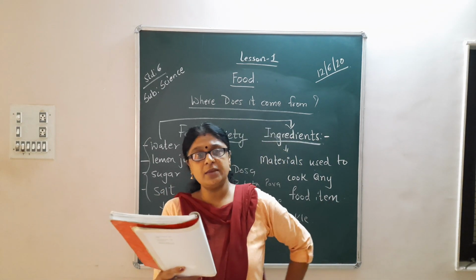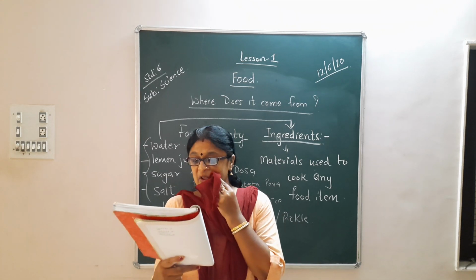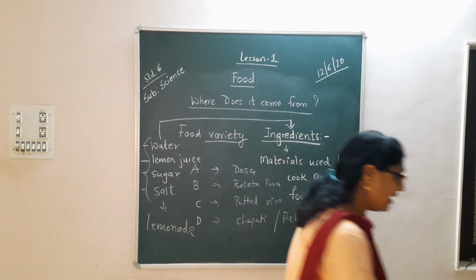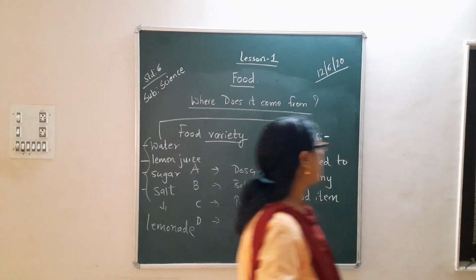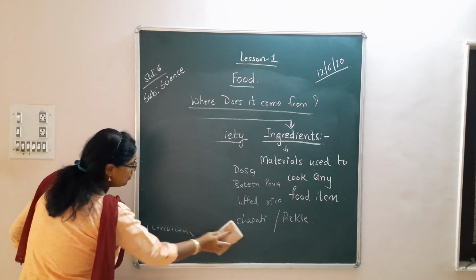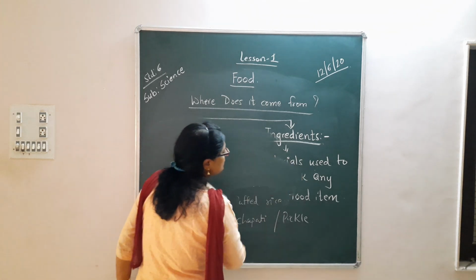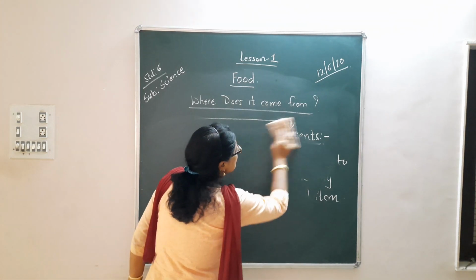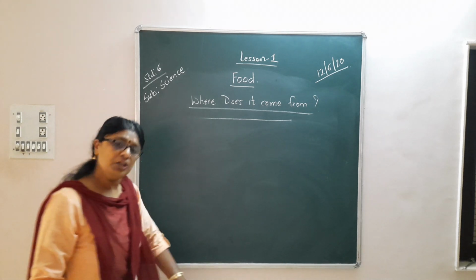Now you can see table 1.2. Roti and chapati. On one side of the table you are given the item, and on the other side you have to write the ingredient.